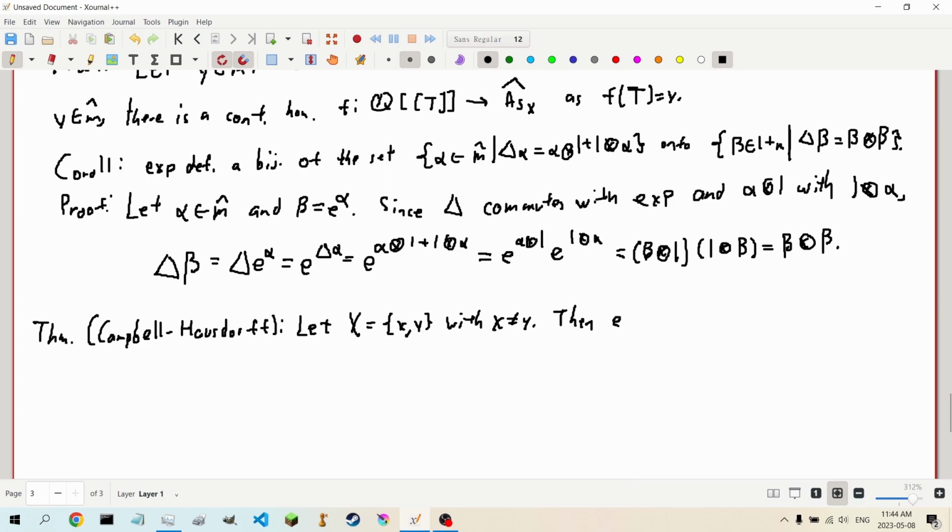Then e to the X, e to the Y is equal to e to the Z for some Z in the completion of the free Lie algebra of X. And let's take a look at the proof.